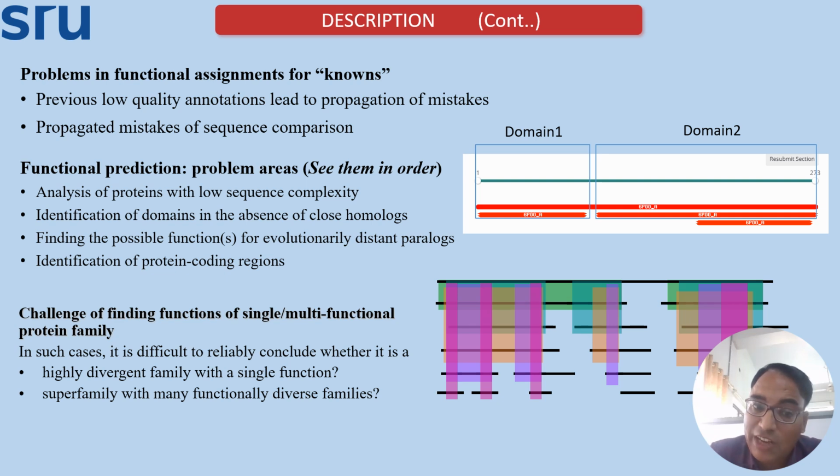It is functionally diverse, or it is a highly divergent family with a single function. Multiple different proteins are there, but it's a highly divergent family, but it is having a single function. Sequence similarity may not be there, but functionality is conserved. Okay, so this is a big challenge.